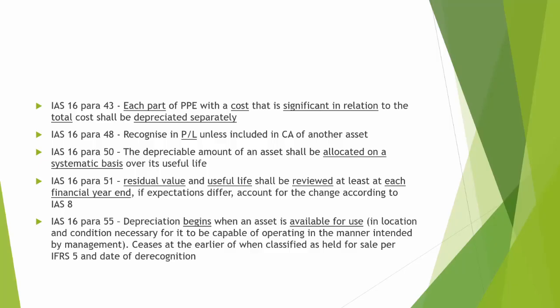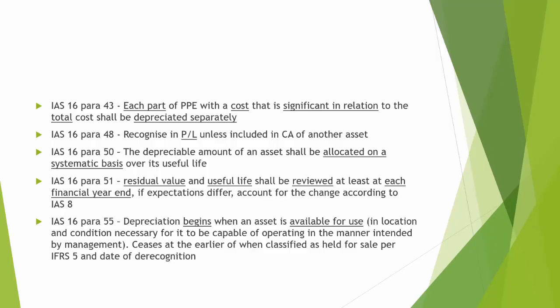The next important part is, when do we begin actually doing the depreciation? When are we going to start calculating this depreciation? That is when the item is available for use. That means it must be in that location and condition that is capable of operating in the manner intended by management.